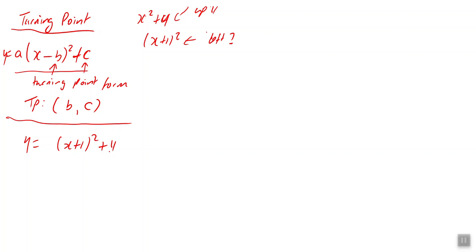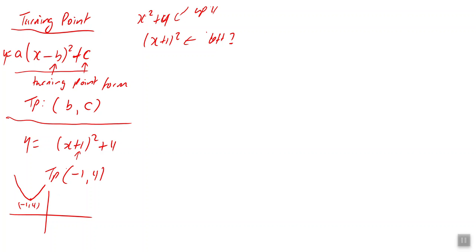If we combine the two, my turning point will be at, so we moved 1 to the left and up 4, so it'll be (-1, 4). If I were to draw the graph, I move the graph -1 to here, and then go up 4, so it's somewhere over here. So it'll be (-1, 4), like this.